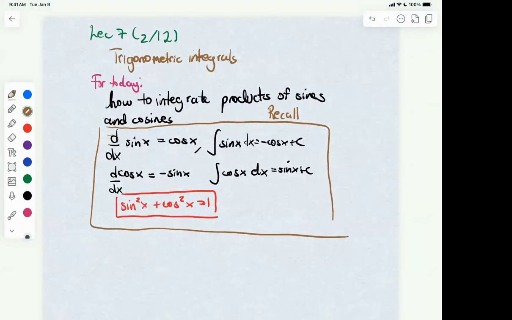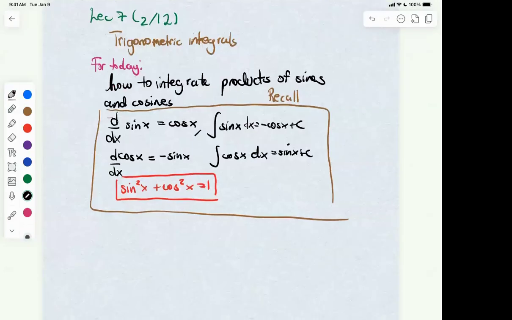So let me start with a simple case, which is if you have the integral of a power of sine times cosine of x dx.